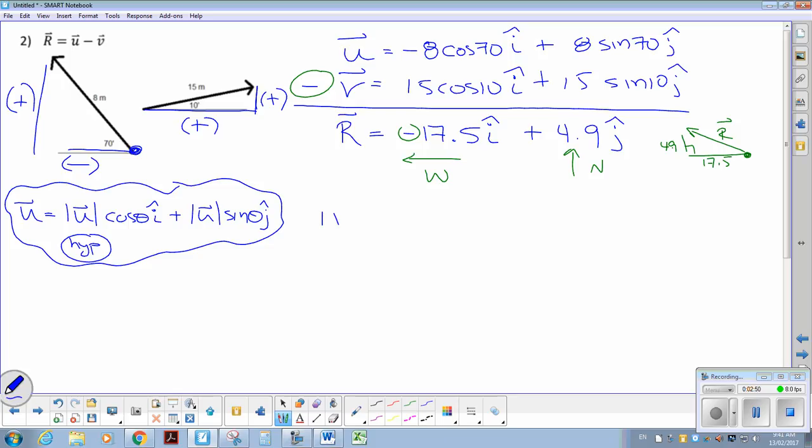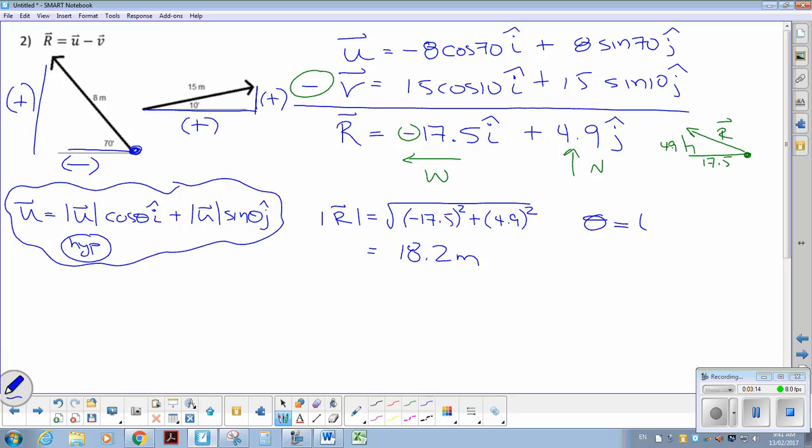The magnitude of my resultant, just using your Pythagorean theorem, is the square root of negative 17.5 squared plus 4.9 squared. When I plug that in, hopefully my calculator doesn't lie to me, I get about 18.2, and it's meters.